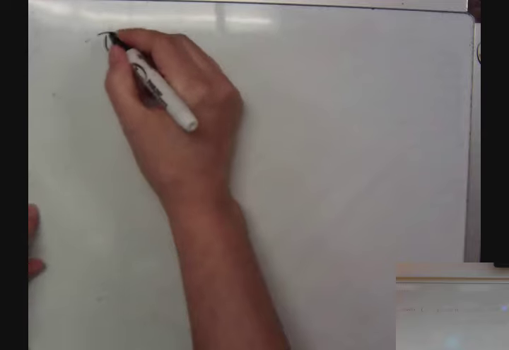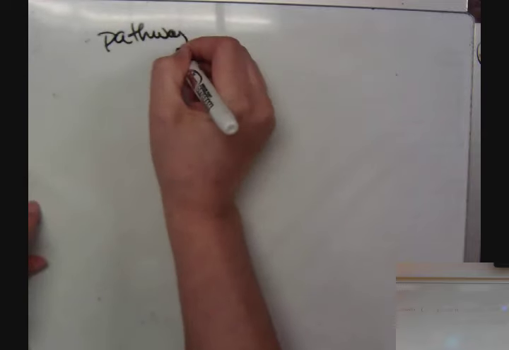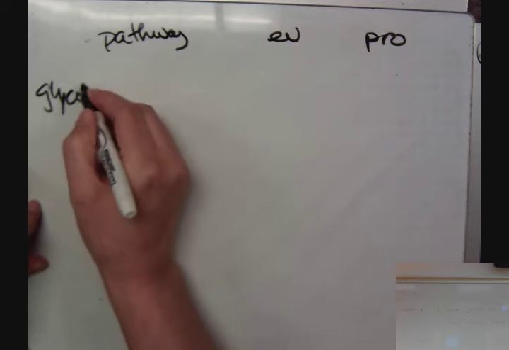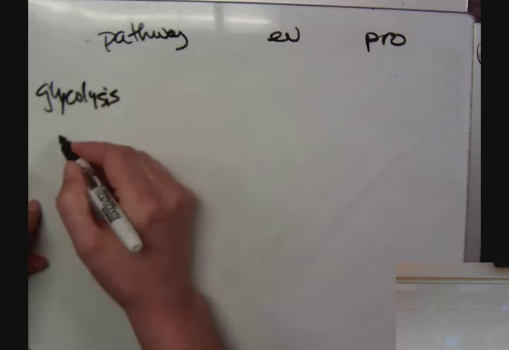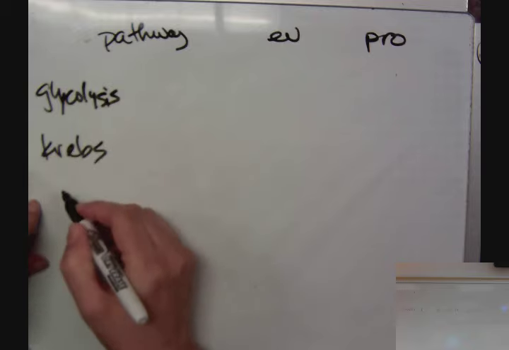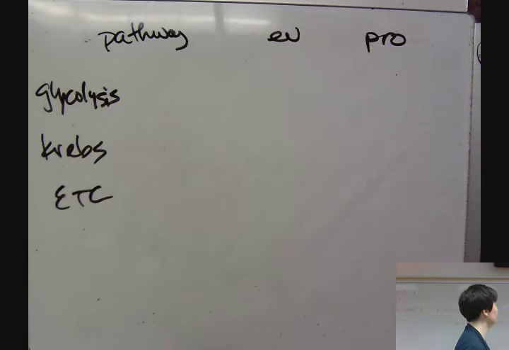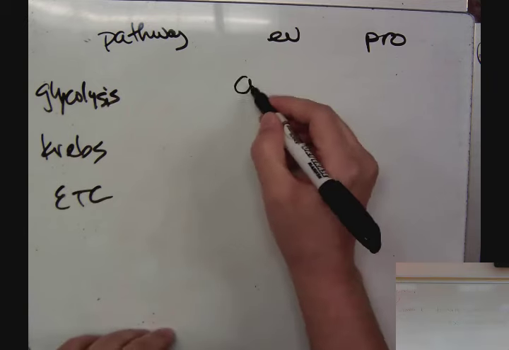So let's just do a little chart here. If we are doing glycolysis in a eukaryote, where in the cell is that happening? In the cytoplasm.